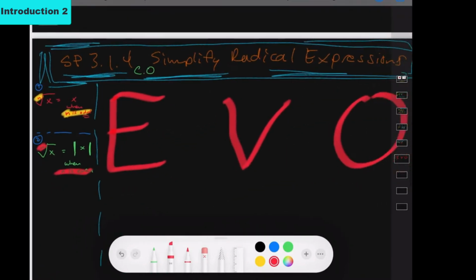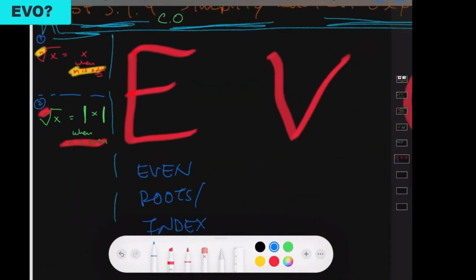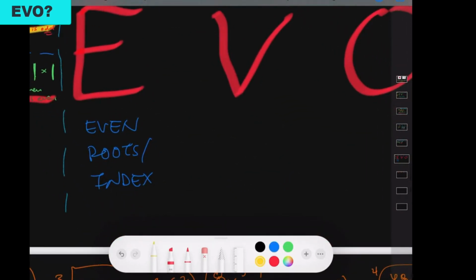Okay, and there's a phrase here that can help us: EVO. What does EVO stand for? E is when you have even roots, or another way of saying that is even index. That's what we highlighted over here in the n's, okay? V stands for when it's variables. V for variables.